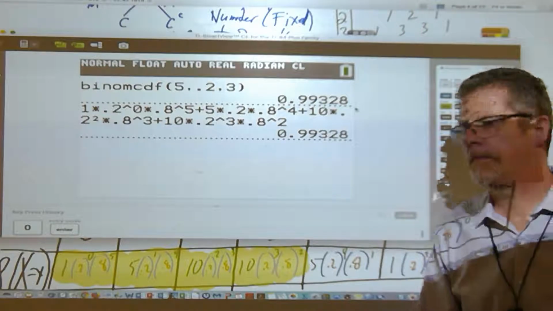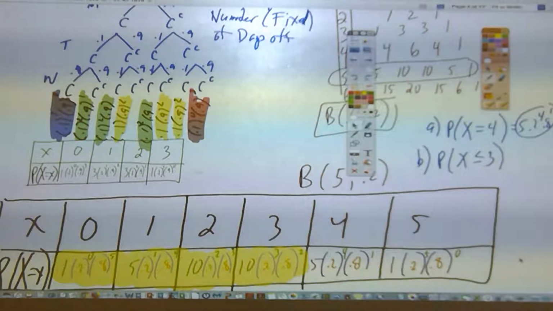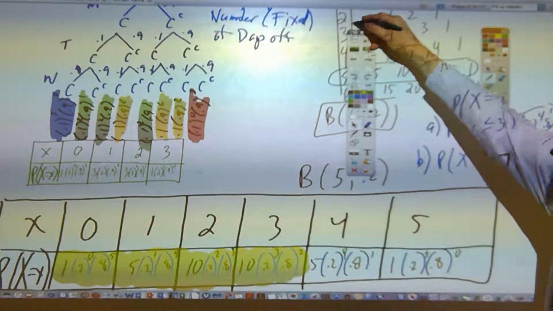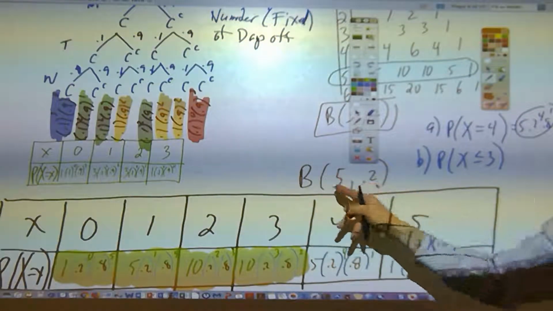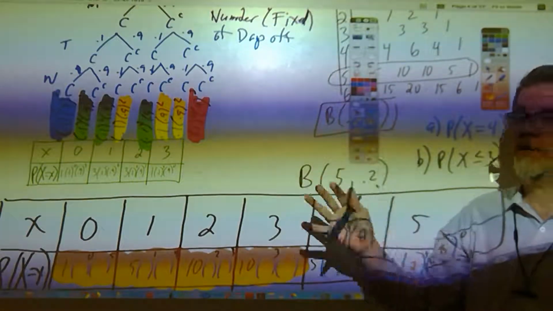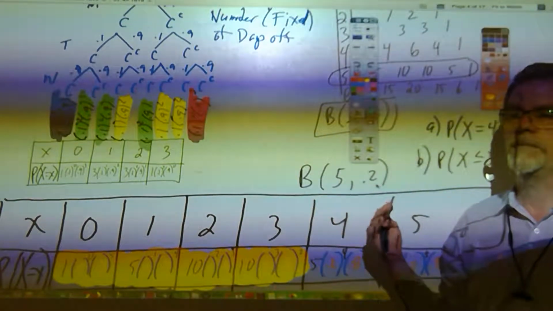Lewis, go ahead. From the tree diagram, I could see times 0.2, 0.8, but why do you times 1, 5, 10, 10, 5? Well, if I were to write out the tree diagram for a 5-day model, not just Monday, Tuesday, Wednesday, but Monday, Tuesday, Wednesday, Thursday, Friday, do you agree that there would be 32 leaves on that tree?